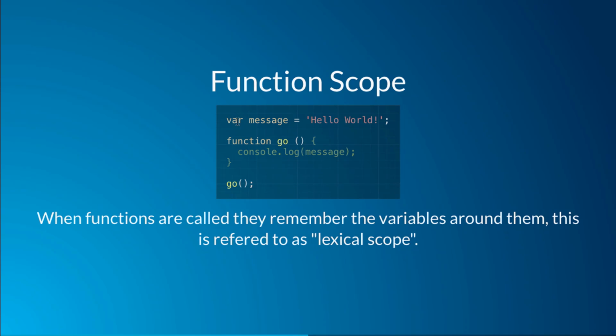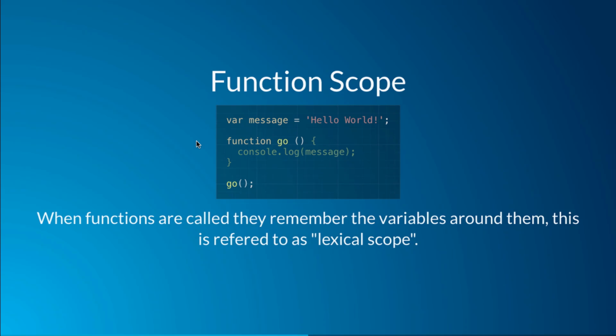So in this demo, I have a message, and then when I call go, I console log the message, but I didn't actually define the message inside the function, and I didn't pass it in as a parameter. The go function just knows that there's a variable called message around it and is able to read that just fine. And the fancy word for this is it's called lexical scope, and if you answer that in a JavaScript interview, you'll get hired. Because some people are weird and they're like that.